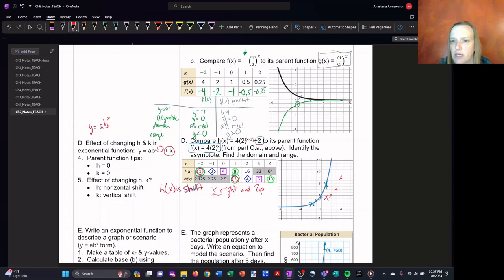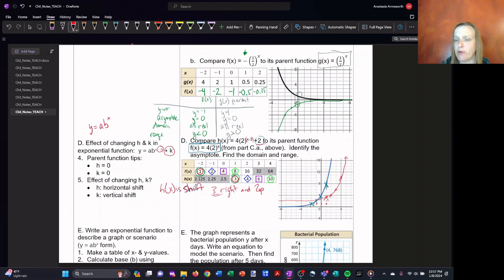So what you'll see here, if you continue to draw points in, you would get a curve like this, which has been shifted 1, 2, 3 units to the right and 1, 2 units up.